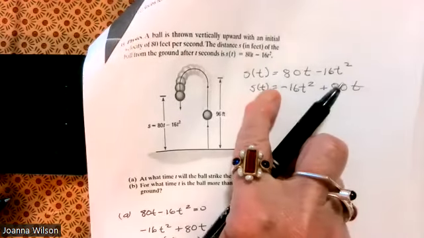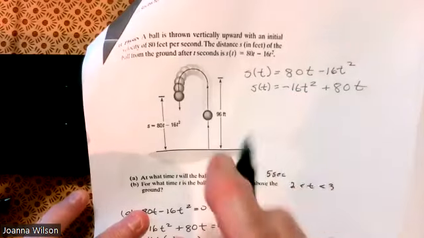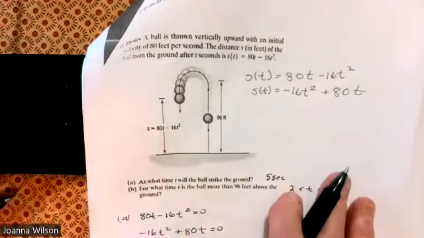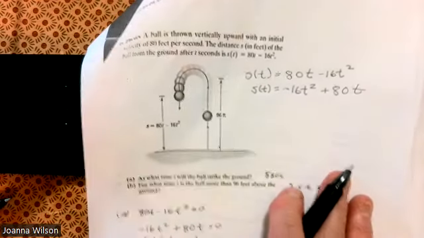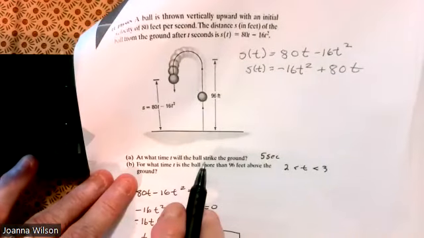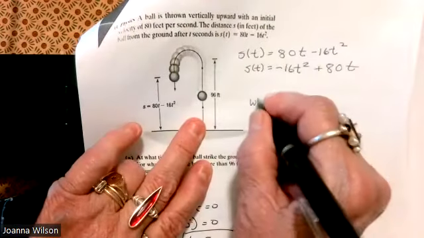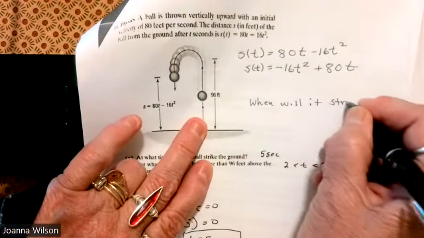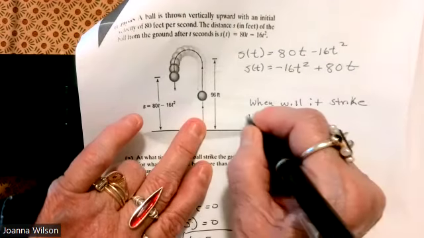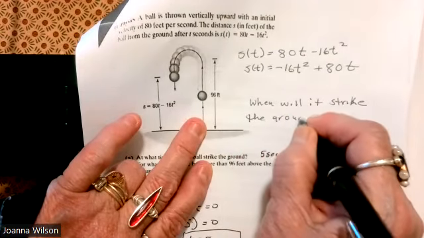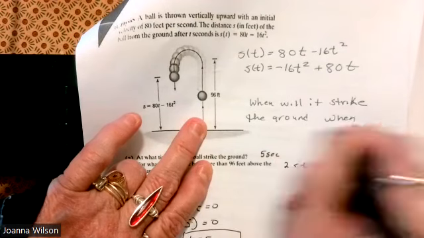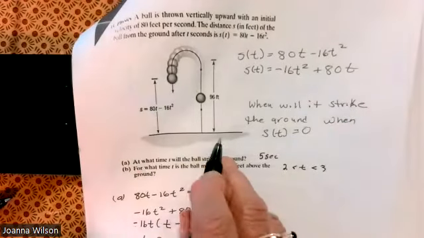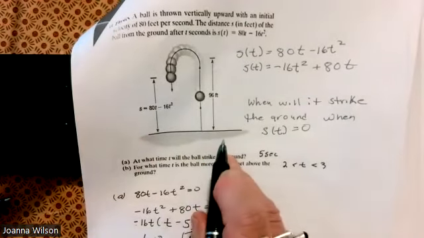And this is called the position function. So you can determine where the ball is depending on how many seconds have gone by from the time you threw it. Now, if you want to know when it's going to strike the ground, the thing that you've got to remember is it's always going to be when s of t equals 0, because the position is going to be 0 when it hits the ground.